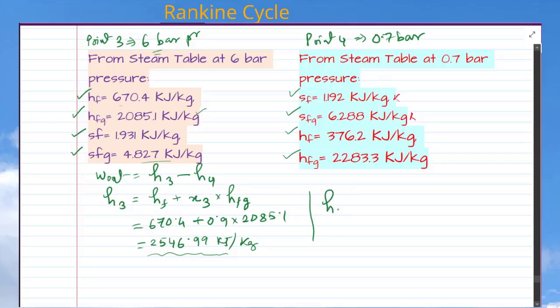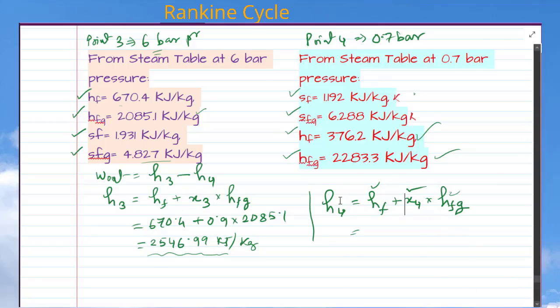Next we have to find the value of H4. H4 is again equal to hf at point 4, that means for 0.7 bar pressure, plus x4, the dryness fraction of steam at point 4, multiplied by hfg at point 4. We know the values of hf and hfg, but we do not know x4, the dryness fraction of steam at point 4.